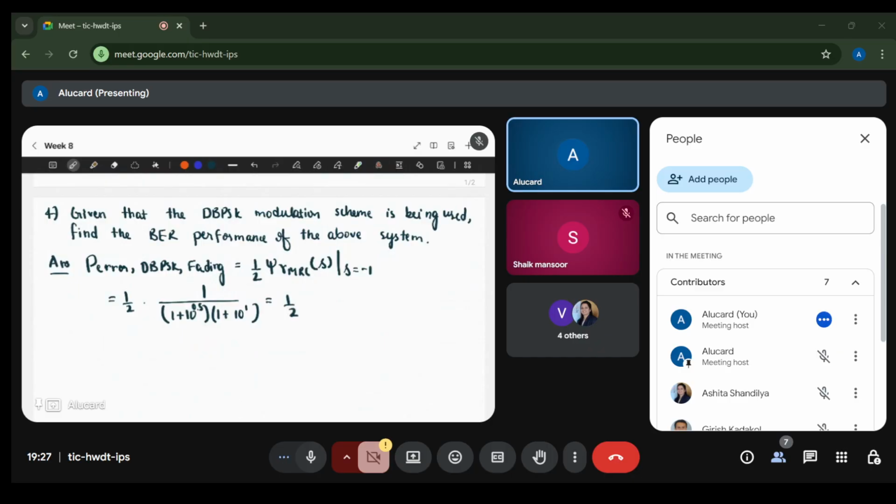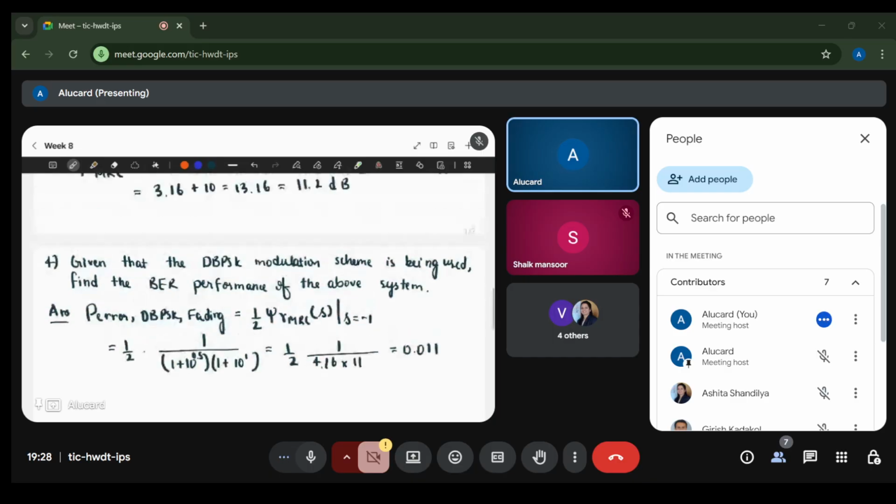This is half into 1 over 4.16 into 11. This will be 0.011.